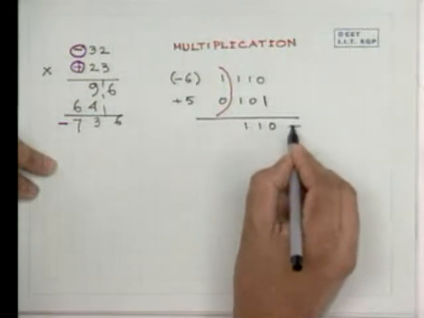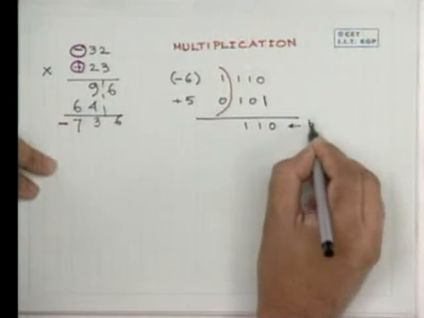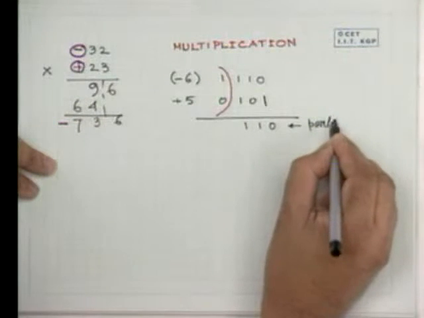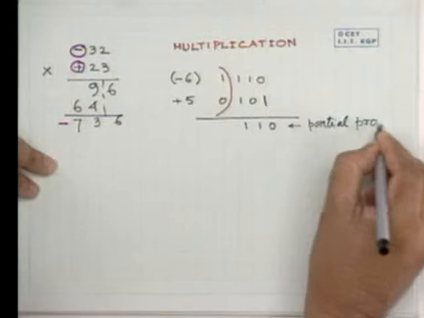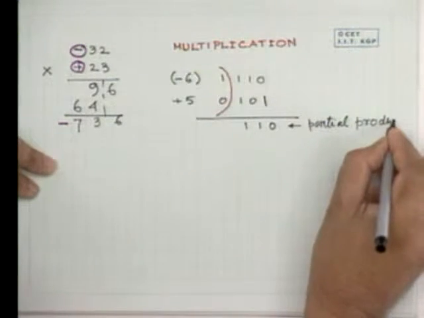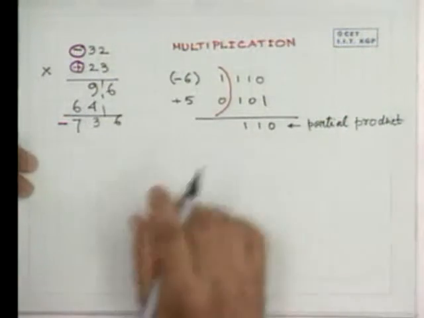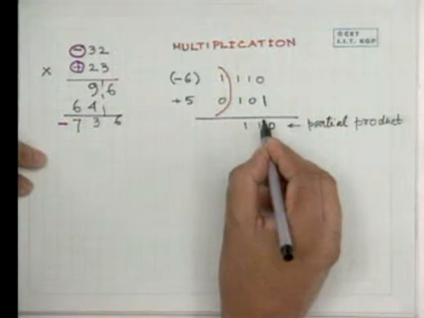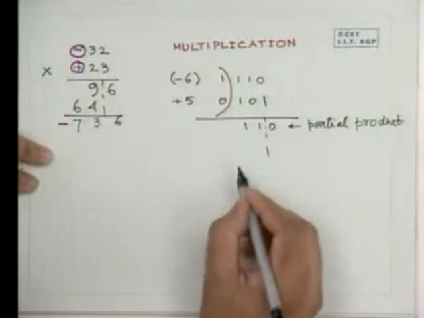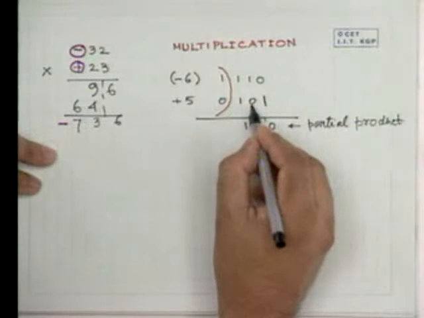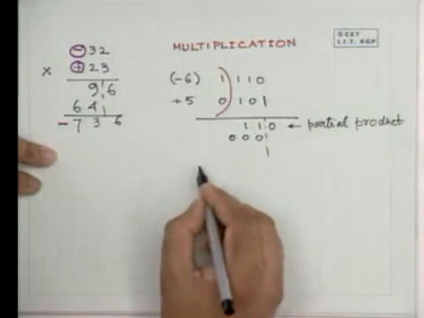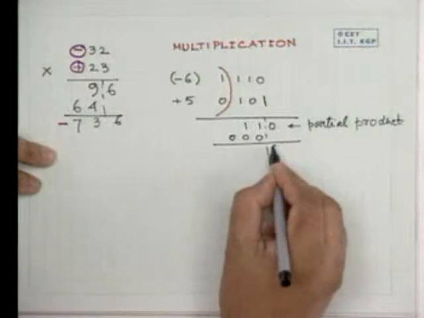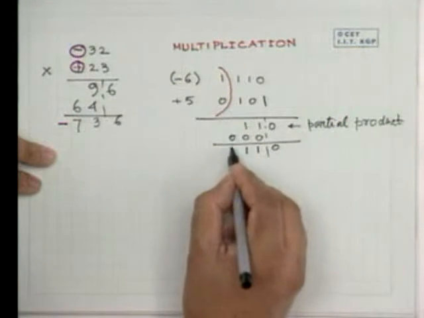This is our partial product. Then we give the partial product a right shift. Then since this bit is 0 now, we get 0, 0, 0, add them. We get 0, 1, 1, 0.